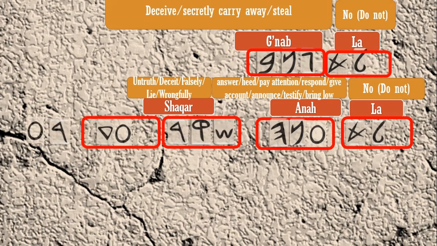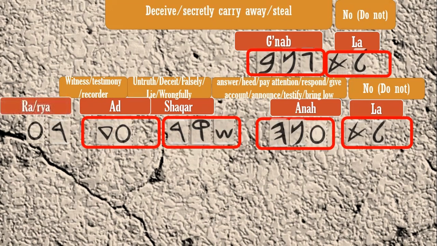What's the next word? That word is ad. And you will notice it has the ayin and the dal. And that word means witness, testimony, or recorder.